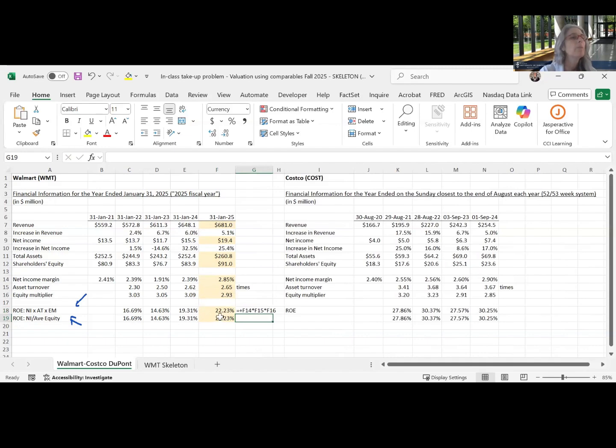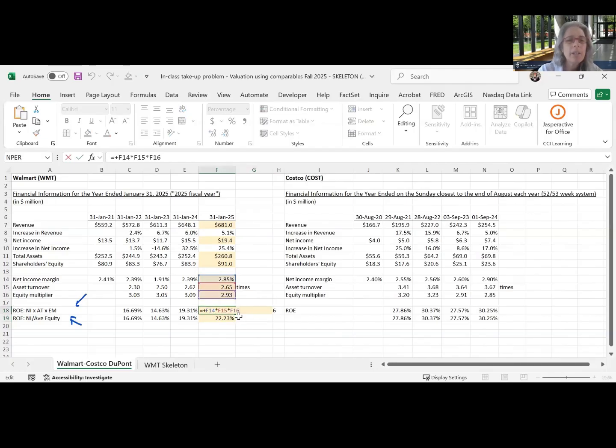You're getting 22.19. Oh, okay, maybe, did you do the average? I wonder if my spreadsheet is different from yours. Did you average for both of them? Are you getting 22.19 for both?